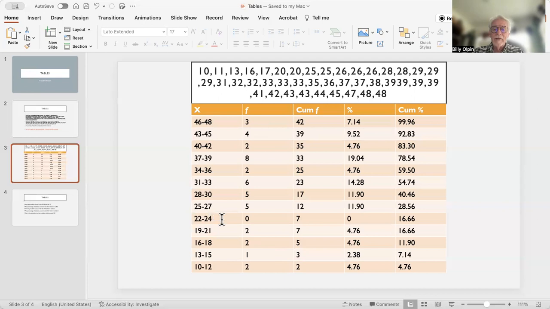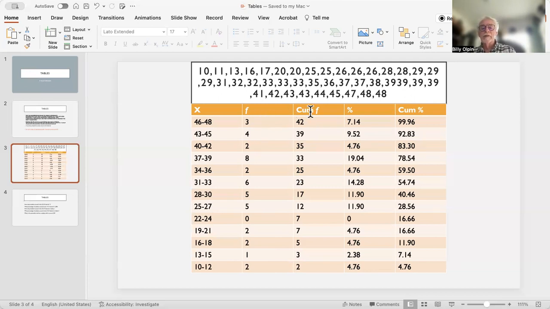And I look at every interval. 22 to 24, oh, there's nobody. 34 to 36, I can see 34. Nope, 35 and 36, 2, right? And so on. And I list all the number of scores.